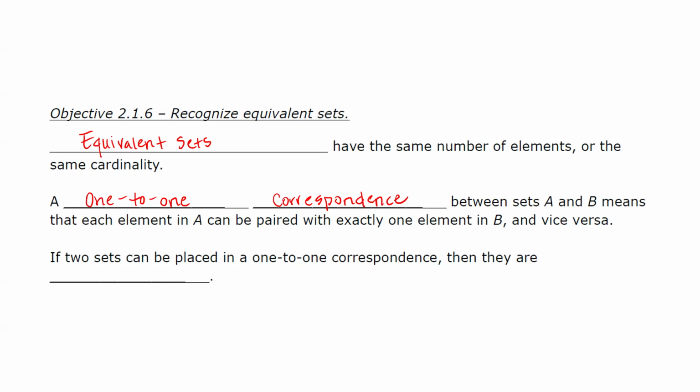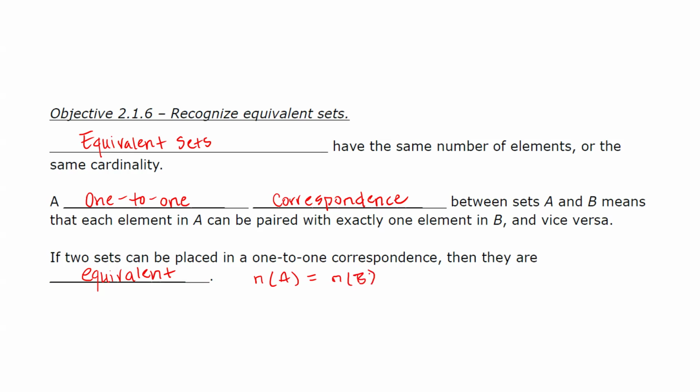So if two sets can be placed in a 1-to-1 correspondence, then they are equivalent, meaning the cardinal number of set A will equal the cardinal number of set B.